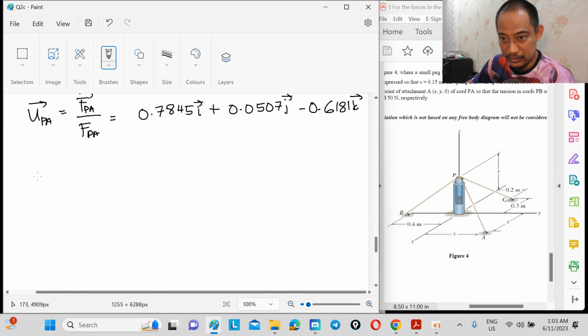basically RPA divided by RPA would be the same as UPA.